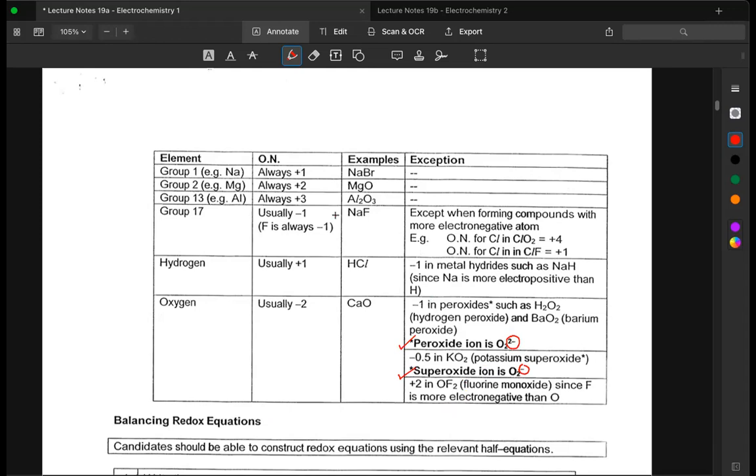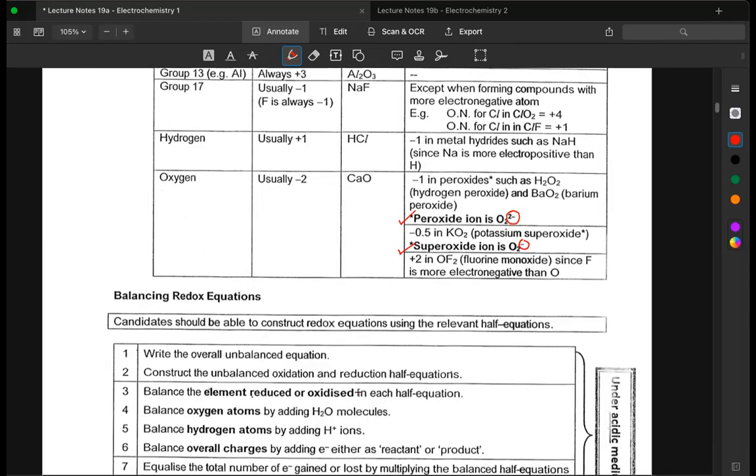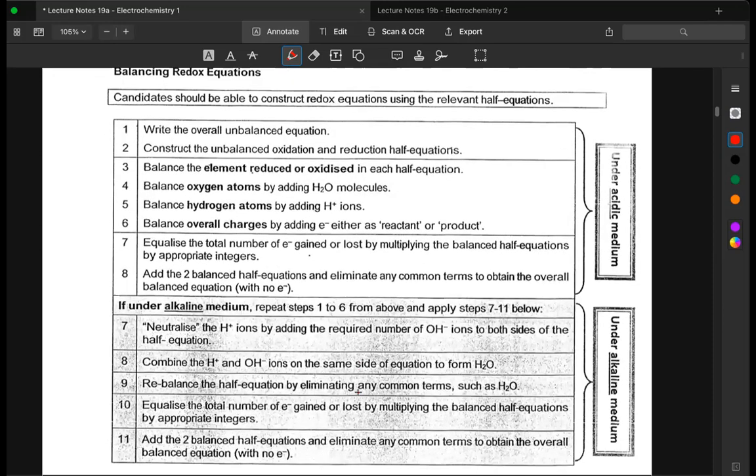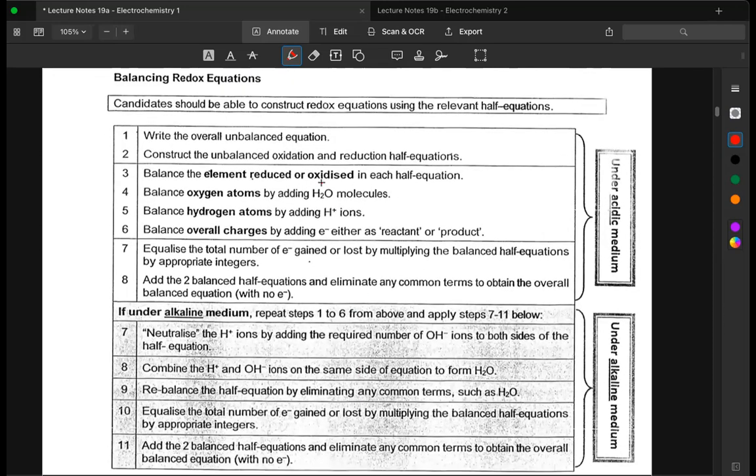All right. So the rest of it should be more or less familiar, and do recall how to balance redox reactions. Here are the steps involved for both acidic as well as alkaline medium. Okay, so for acidic medium, you first write the overall unbalanced equation, and then you break it down into the oxidation and reduction half equations.